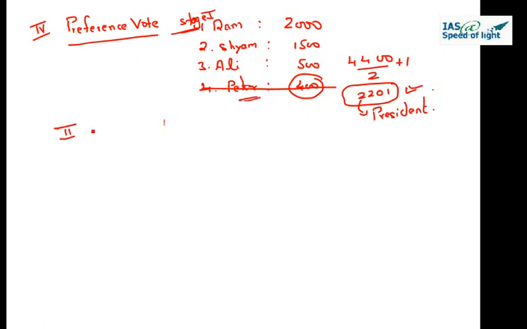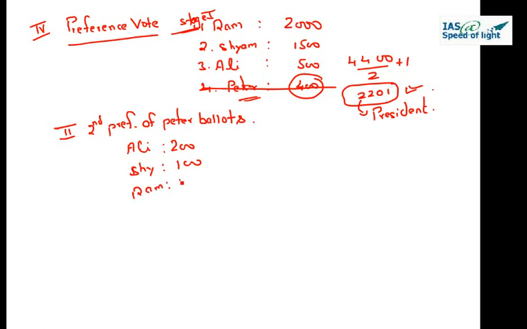So the second stage is the second preference of Peter's ballots. Now suppose Ali has 200, Shyam has 100 and Ram has 100. So out of 400 ballots of Peter, Ali has 200 as second preference, Shyam has 100 and Ram has 100, and we add it now.